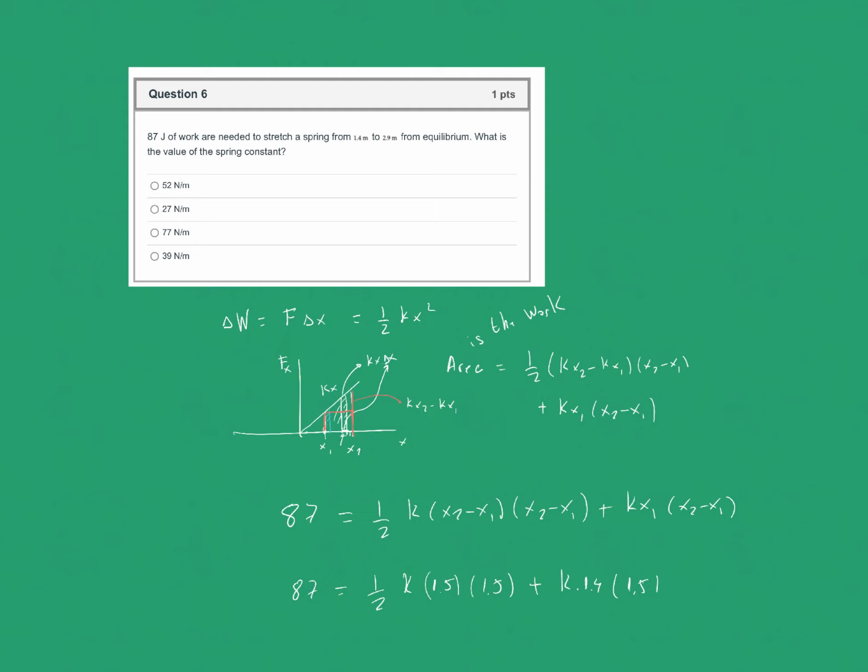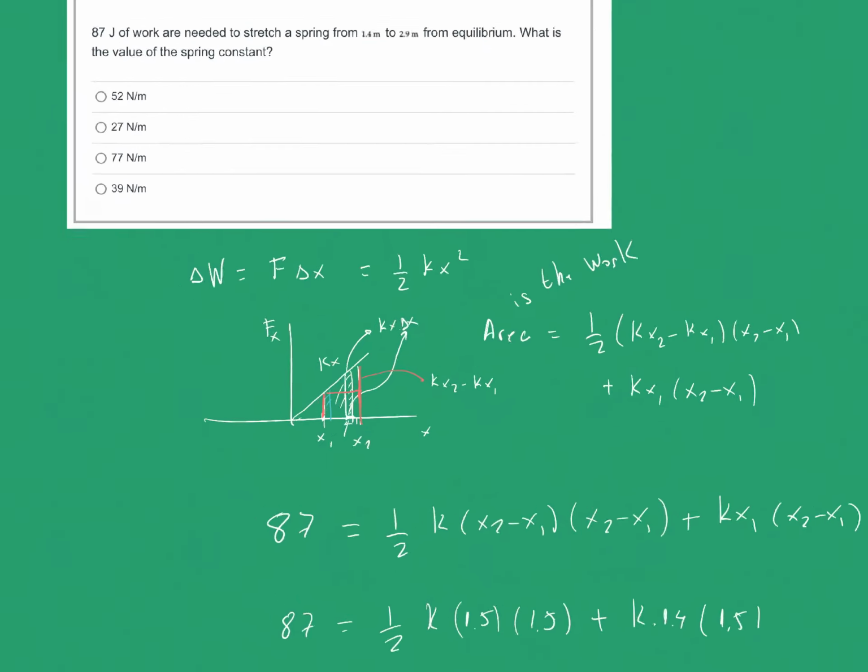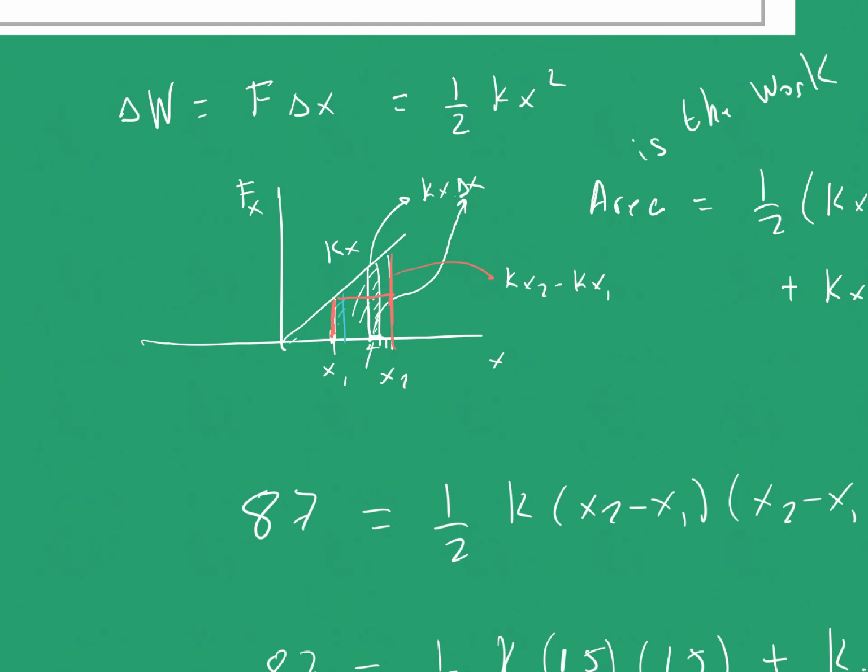Now, if you read my video about work and the interpretation that the work, the force by the displacement, is this stripe. The force is this, by the small displacement, is the area of the rectangle.